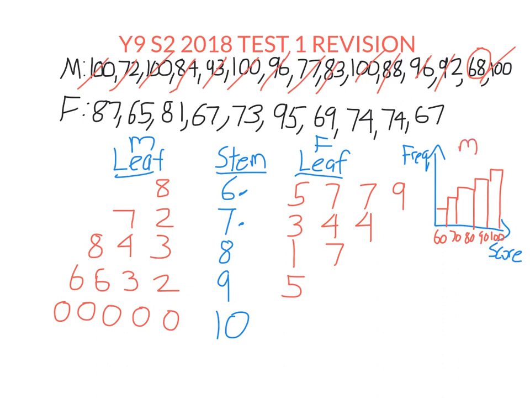This is for males. What you can see is that as the scores increase, the frequency increases also. The scores with the highest frequency are closer to the maximum, which is the score furthest on the right here. So higher scores have a higher frequency here.